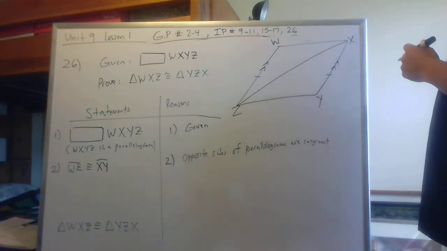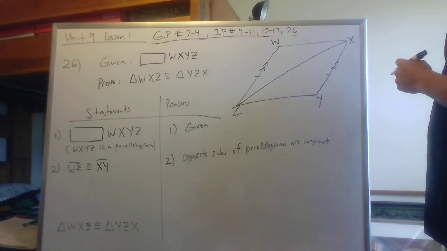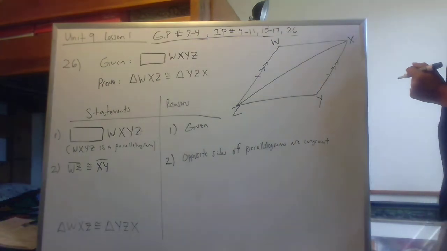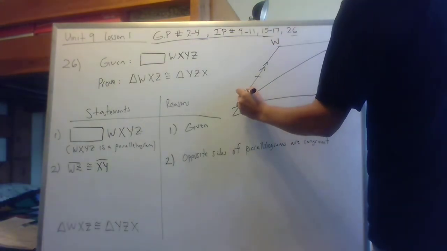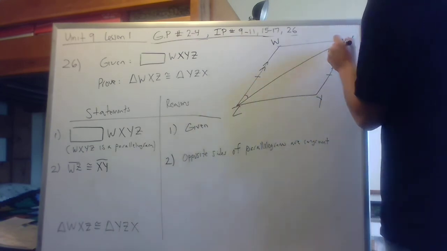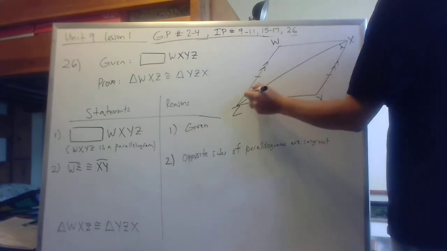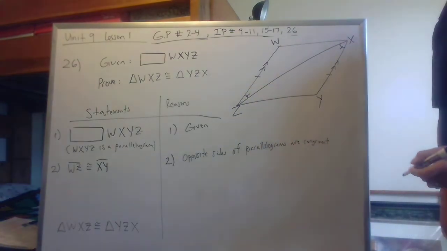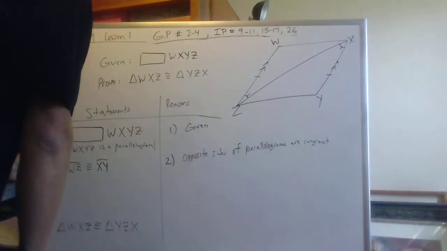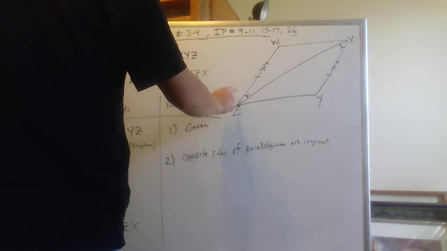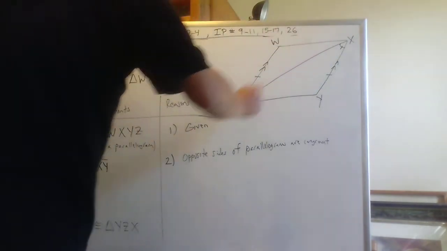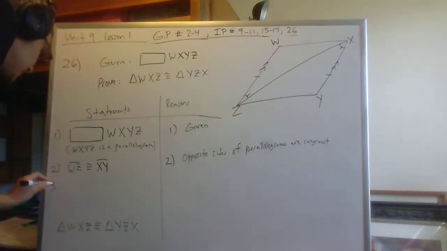All right. Now, what I want to do is we have right here these two angles. We know that they're congruent. So angle WZX, I'm going to write that down.